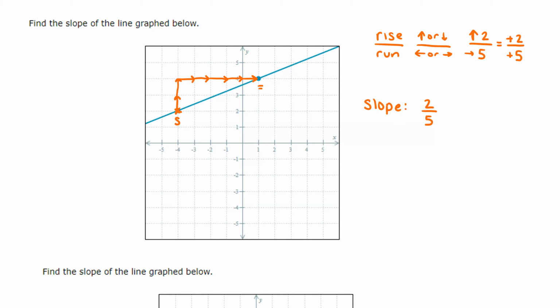Now let's say that you decided to start over here and end over here. I generally always go from the leftist point to the rightist point, but again, you may not think exactly like me. So I'm going to go down 2, and then I'm going to go left 1, 2, 3, 4, 5.